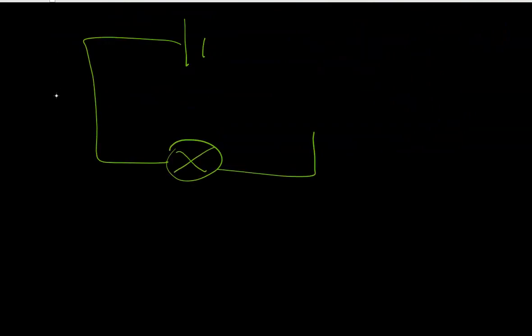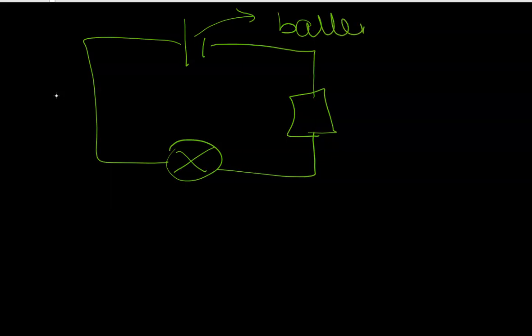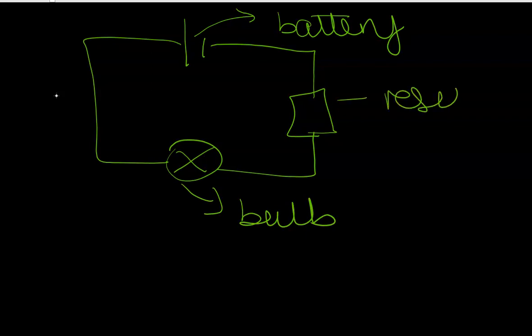So let's look at a typical circuit here. Let's say I have a bulb, I have a resistor. This symbol here represents a battery. This represents a bulb. This represents a resistor. Now, the long stroke of your battery represents the positive terminal, and the short stroke represents your negative terminal.